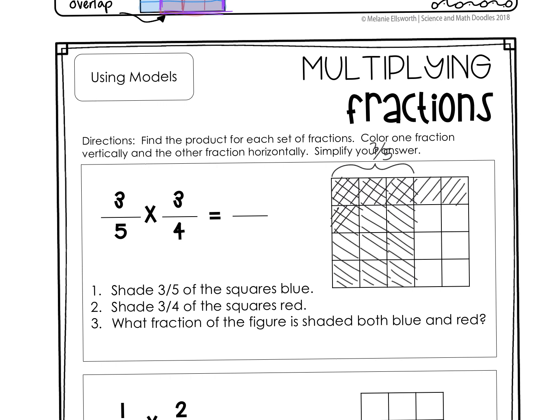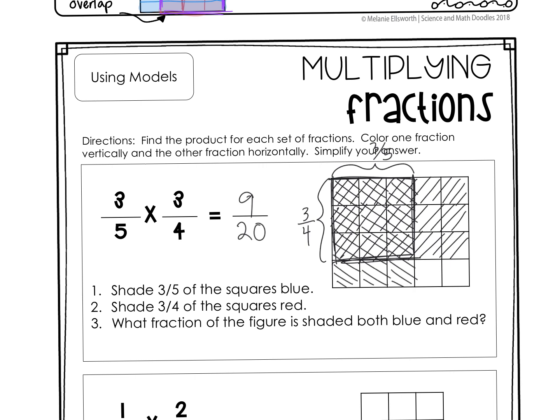Or you could just shade one darker. I need 3 because my fraction is 3/4. Then I can see right here is my 3/4, and this section is where it all overlaps. So how many are shaded? 9. And then how many do I have total? 20. Can it be simplified? Nope. That's my final answer.